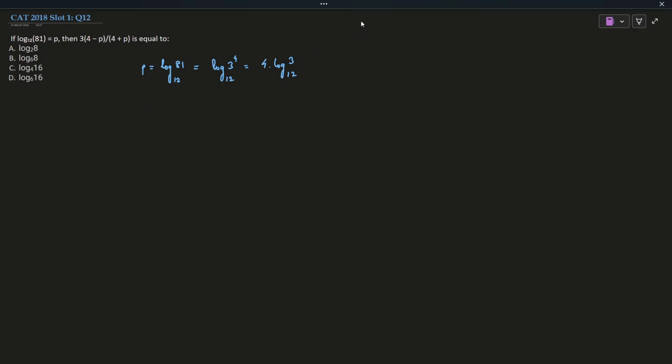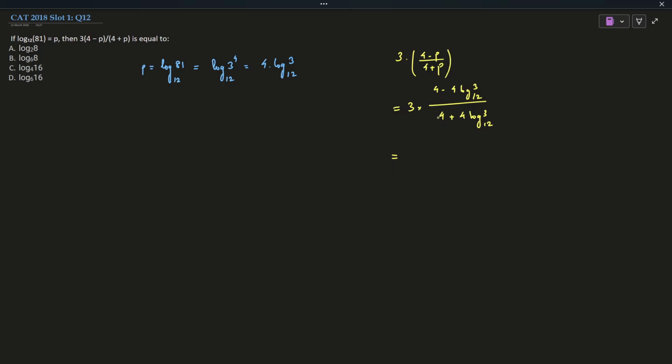I need to find the value of 3 times (4 minus p) by (4 plus p). Now substitute the value of p. So I will have 4 minus 4 times log 3 to the base 12, by 4 plus 4 times log 3 to the base 12.